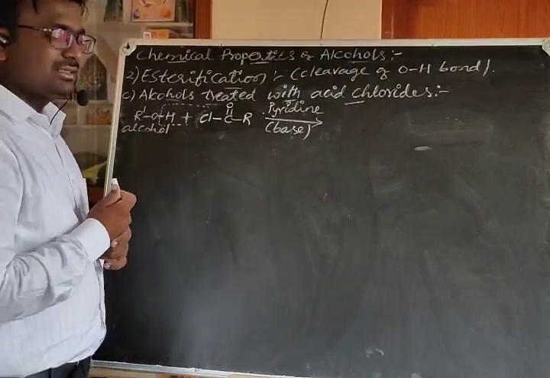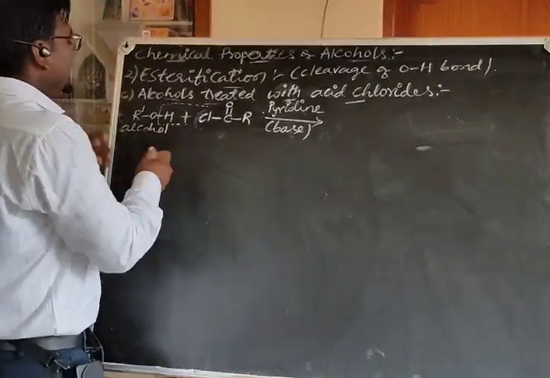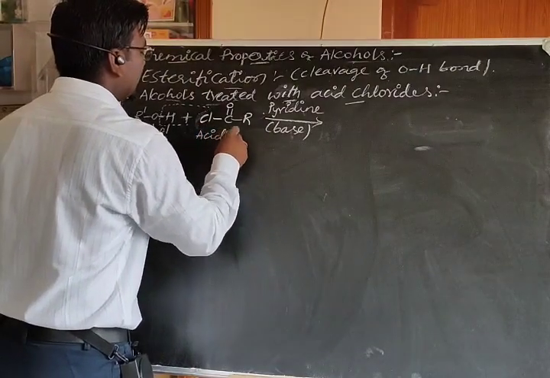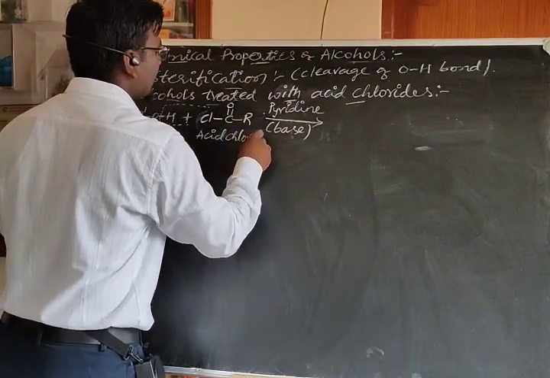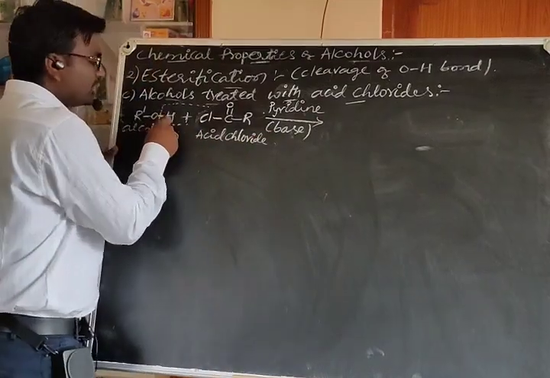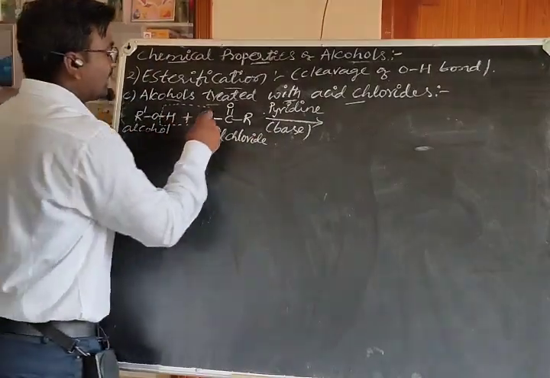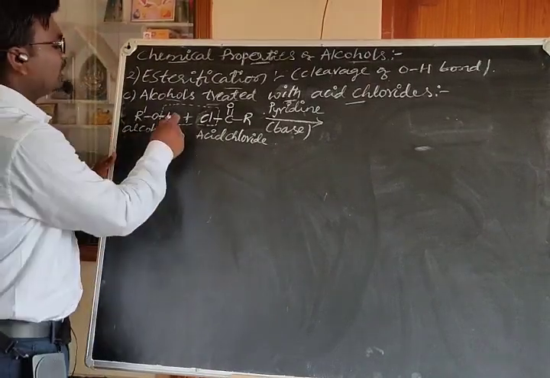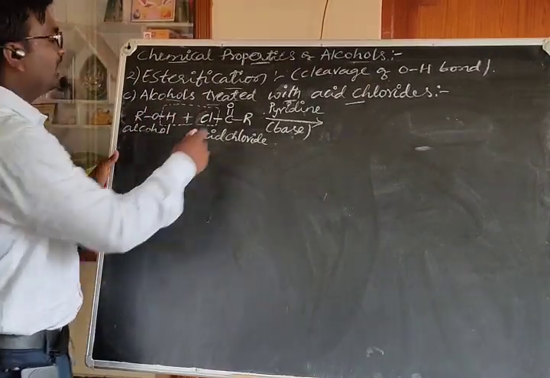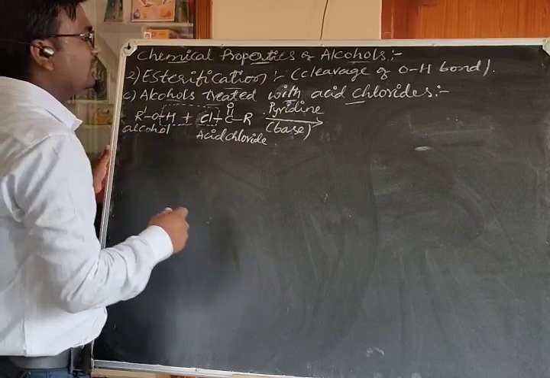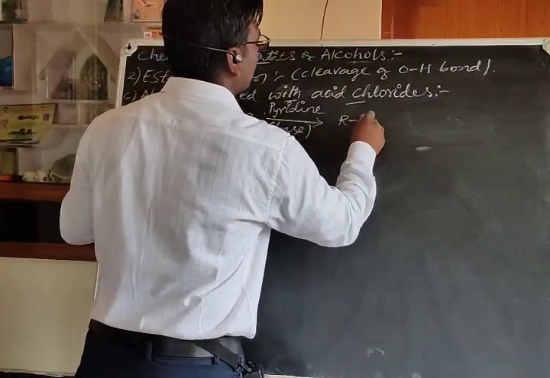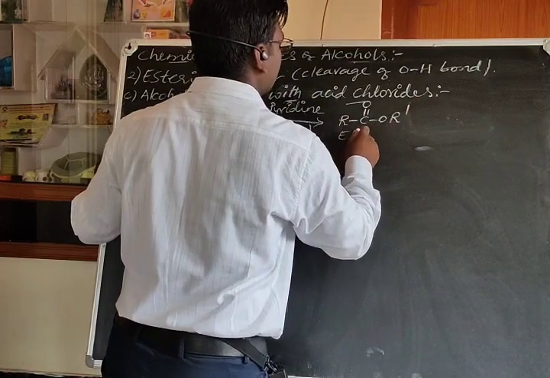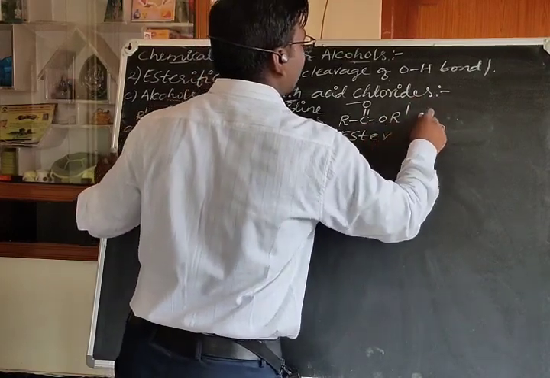Why? Let's see. When this alcohol is treated with the acid chloride, you can see the cleavage of the OH bond in the alcohol and the cleavage of the C-Cl bond in the acid chloride. What forms? HCl, and the R-CO joins with OR'. The product is RCOOR', an ester, and the byproduct is HCl.